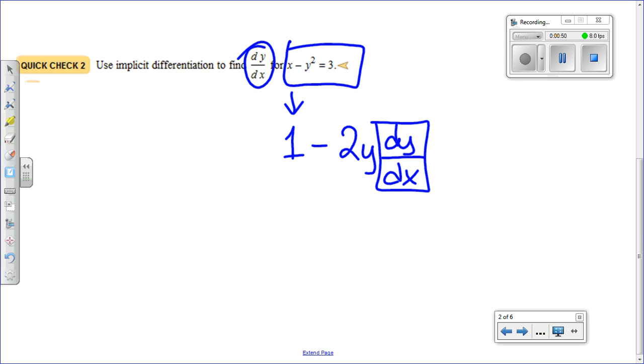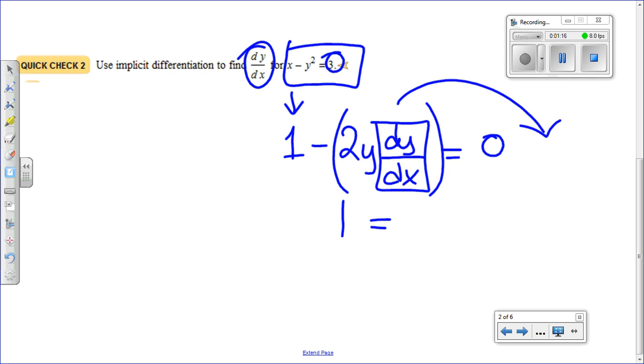So this is what we're going to be isolating at the end of the problem. Then we have the equal sign, and what's the derivative of a constant? Nothing. 0. So now, what we could do here, how about we just take the negative 2y with the dy dx, this whole thing, across.